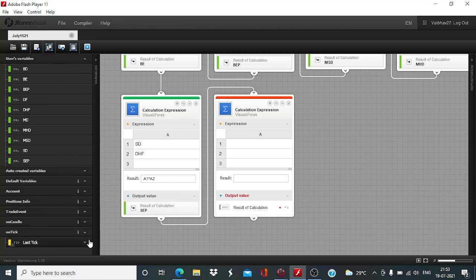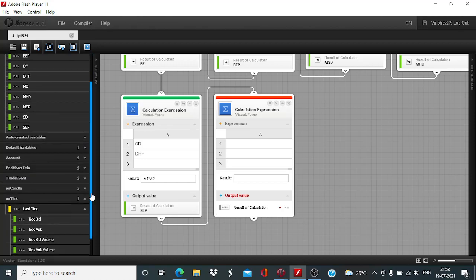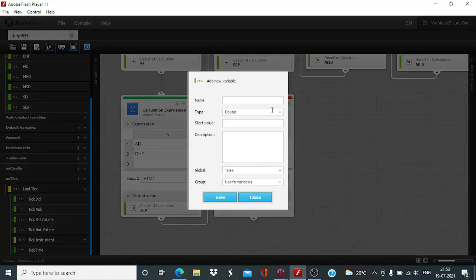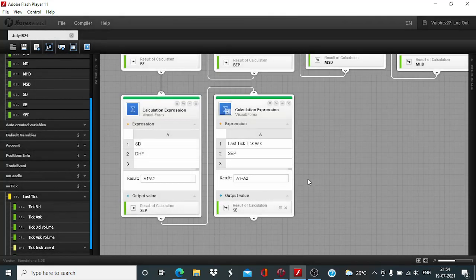On tick, last tick ask plus this value. So it is going to be A1 plus A2, and it is going to be defined as SE. Okay.